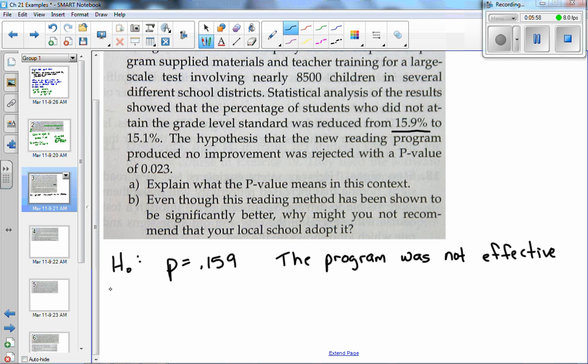So our alternative hypotheses, we were looking to see that there was an improvement. Well, if there was an improvement, that would mean that the proportion of students who did not attain grade level would go down. So our alternative would be that the new program improves reading.